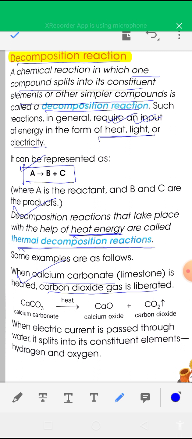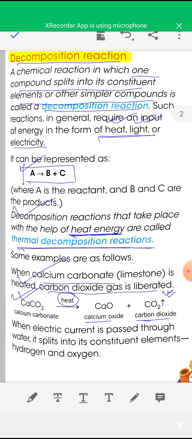The chemical equation is CaCO3, and above the arrow you have to write heat, and the products are calcium oxide and carbon dioxide gas. The upward arrow beside carbon dioxide indicates that carbon dioxide is a gas. So the reaction, heating of calcium carbonate, CaCO3 gives CaO plus CO2, is an example of thermal decomposition reaction.